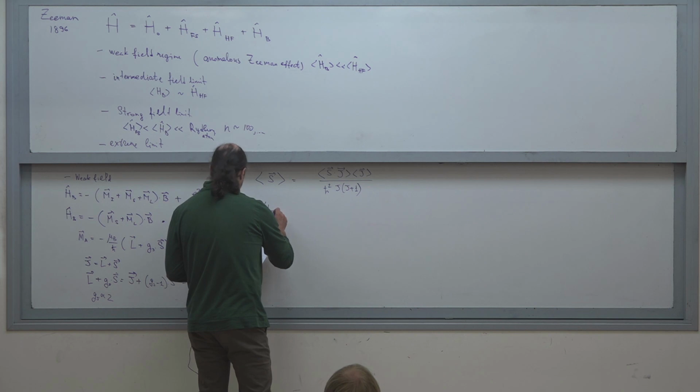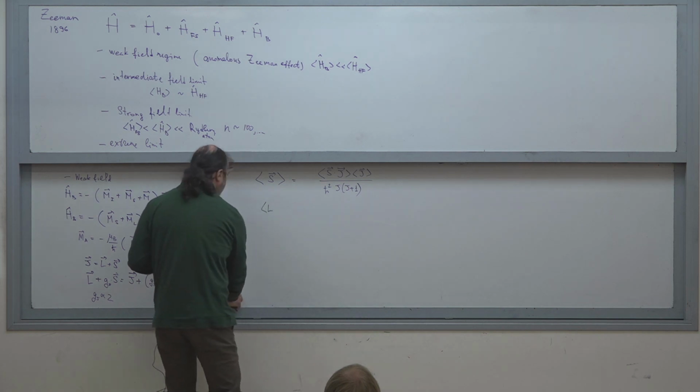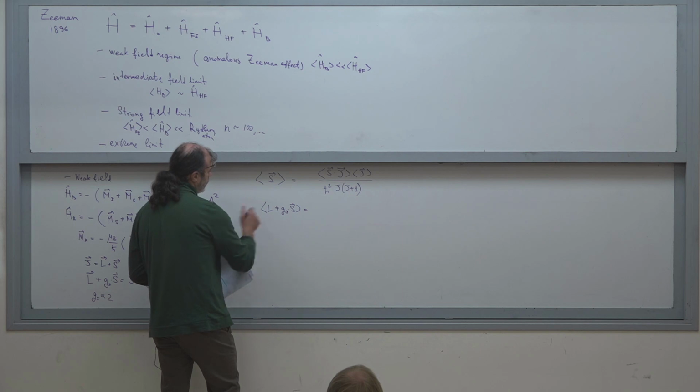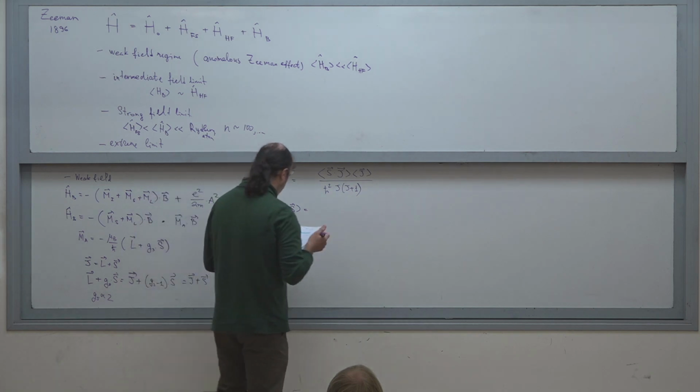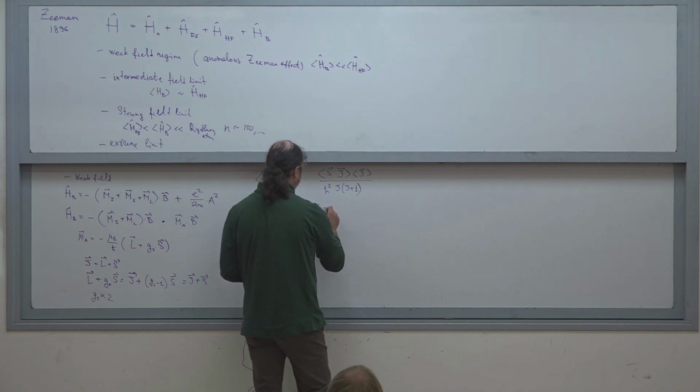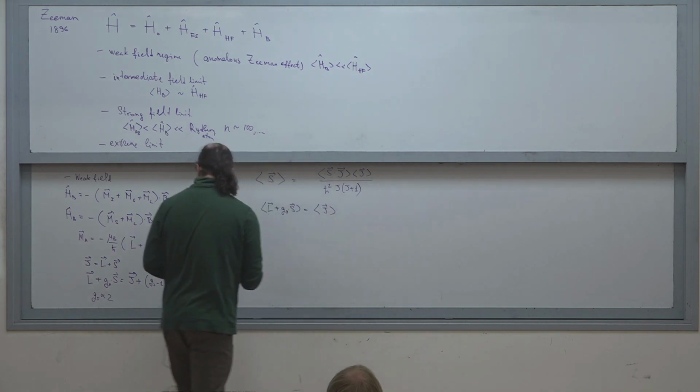So this j plus s, or L plus gs multiplied by s, the mean value of this vector is just equal to the mean value of j. That's from here.